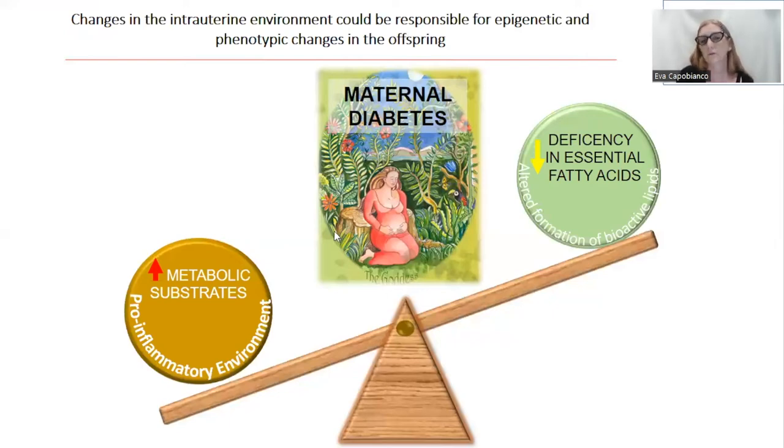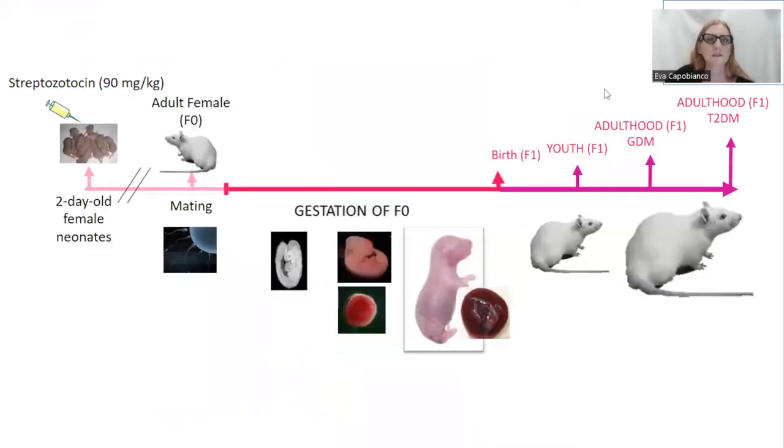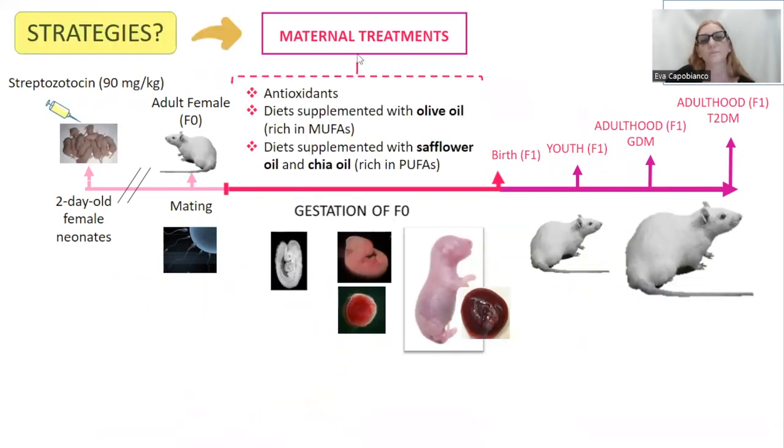And thinking about diabetes, we know that in maternal diabetes there is a disbalance between metabolic substrates. There is an increase in metabolic substrates and a deficiency in essential fatty acids that led us to test several treatments. Some of them with antioxidants, but others with diet supplemented with olive oil, rich in monounsaturated fatty acids, and diet supplemented with safflower oil and chia oil, rich in polyunsaturated fatty acids.